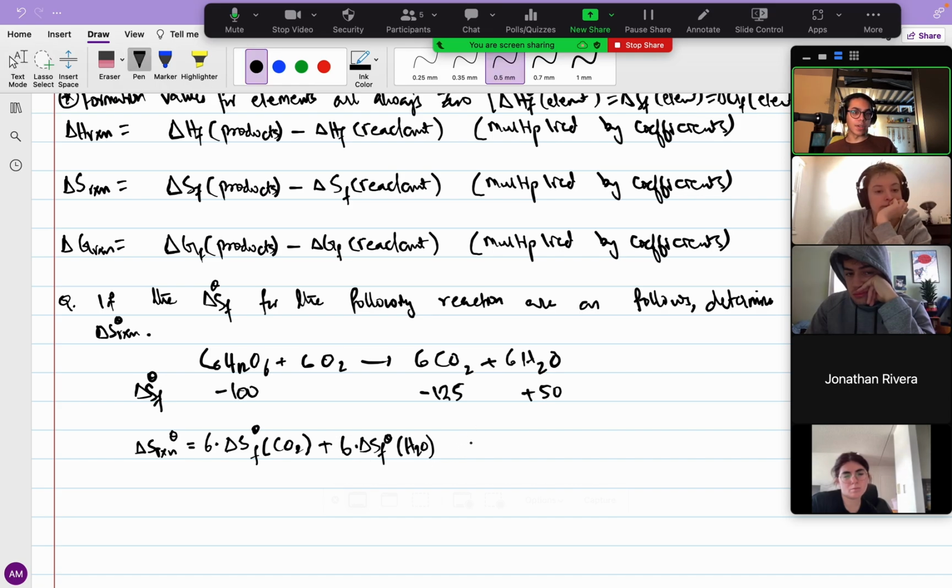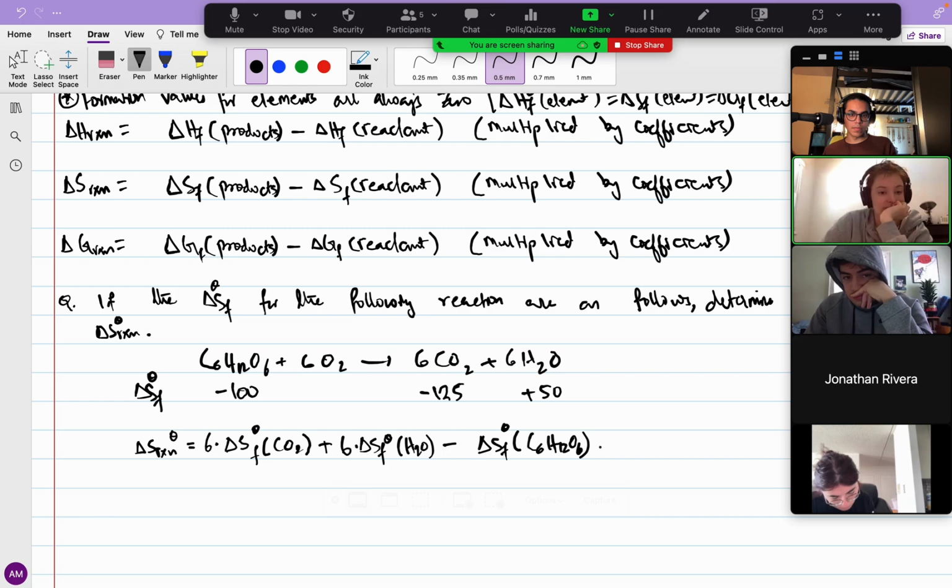And then as soon as you start hitting reactants, you need to start subtracting. All right, delta SF of, tell me. C6H12O6. Exactly. Any coefficients? Plus 6O2. Oh, there's no coefficient. If you do plus, then you have to put overall parentheses for the products.